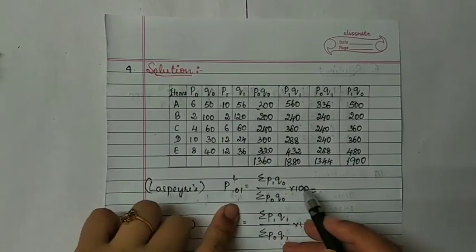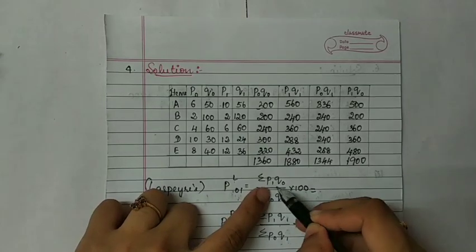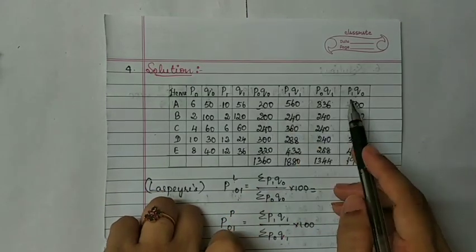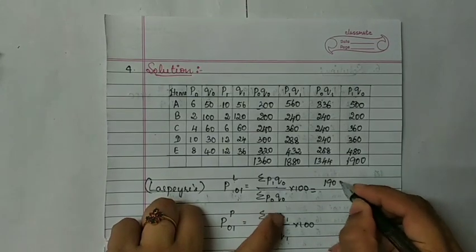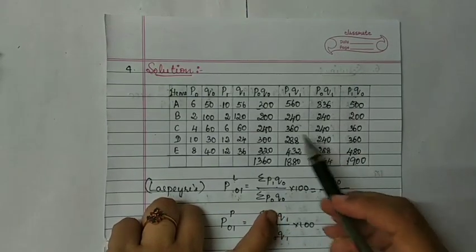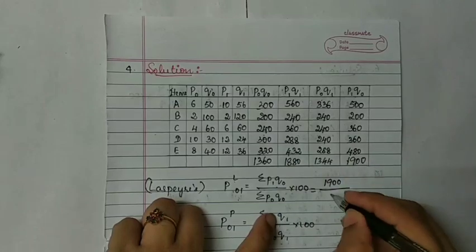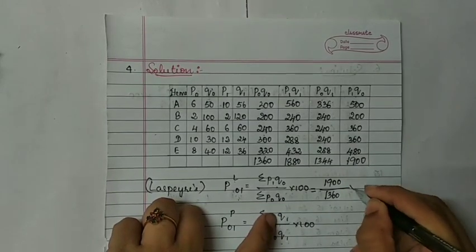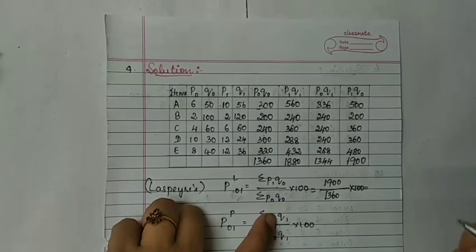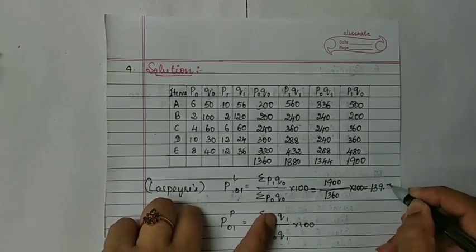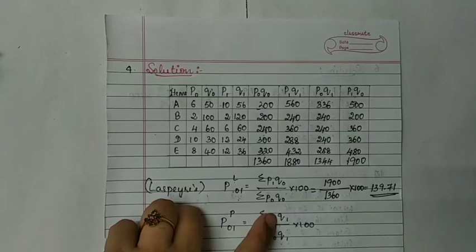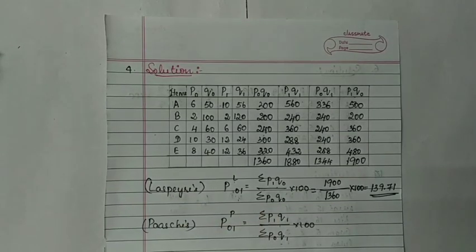P01 of L is equal to summation P1 Q0, that is 1900 divided by P0 Q0, that is 1360 multiplied by 100 is equal to 139.71. Got it?